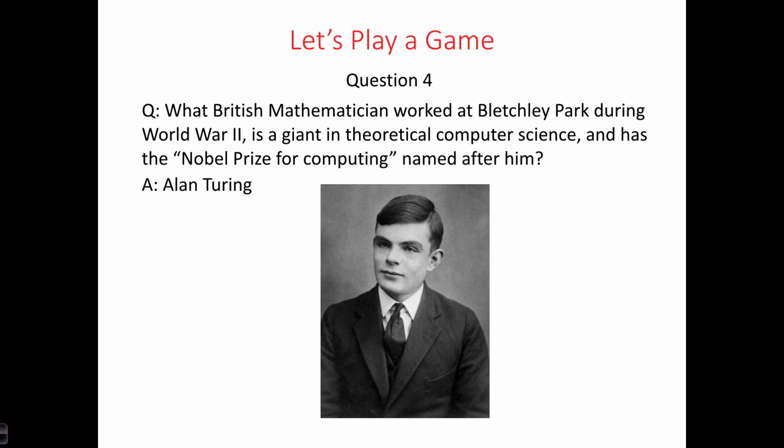And he actually committed suicide based on being involved with some things related to that. And it was very sad. A couple of years ago, the British government formally apologized to his family and to him about that, but it's a sad postscript to his life.